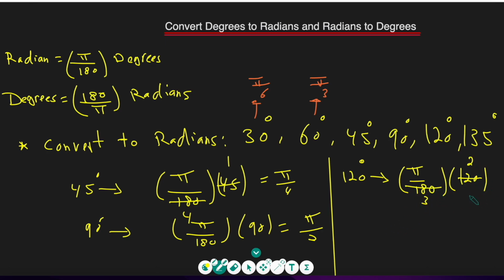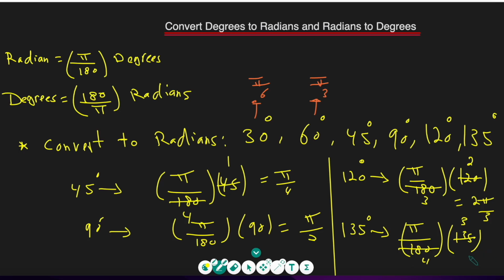So this is actually equal to 2 pi over 3. And then my 135 degrees is going to be pi over 180 times 135, and this has 45s in it. So 135 has 3 45s, and 180 has 4. So this is equal to 3 pi over 4.